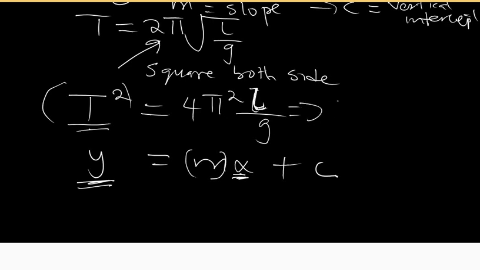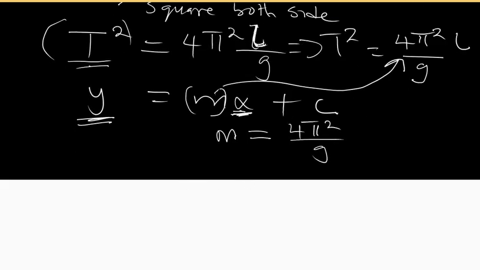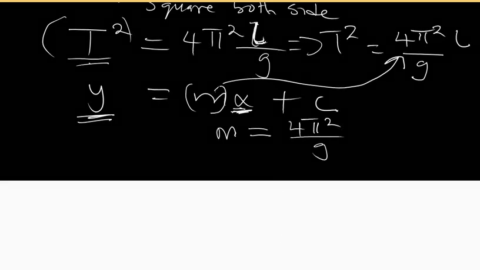I can also write it this way: t square equals 4 pi square all over g, times L. So if I compare this to y equals mx plus c, I can conclude that the slope, being the coefficient of x, is going to be the coefficient of L, which is 4 pi square all over g.